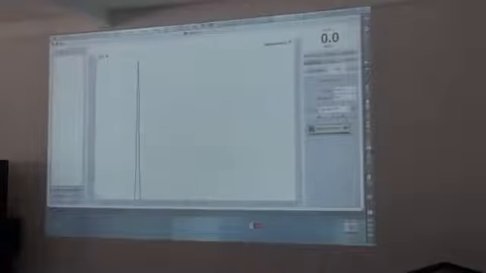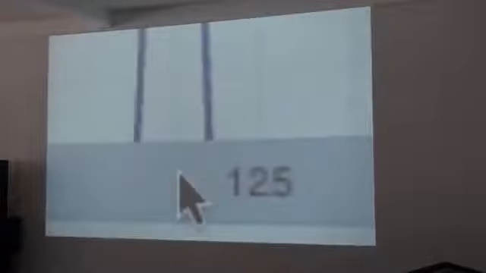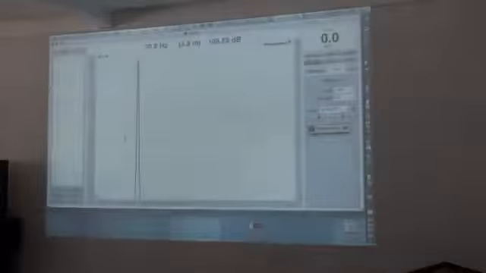Then we can see that it is playing 100 Hz. So the peak of the signal is in the line that represents 100 Hz.